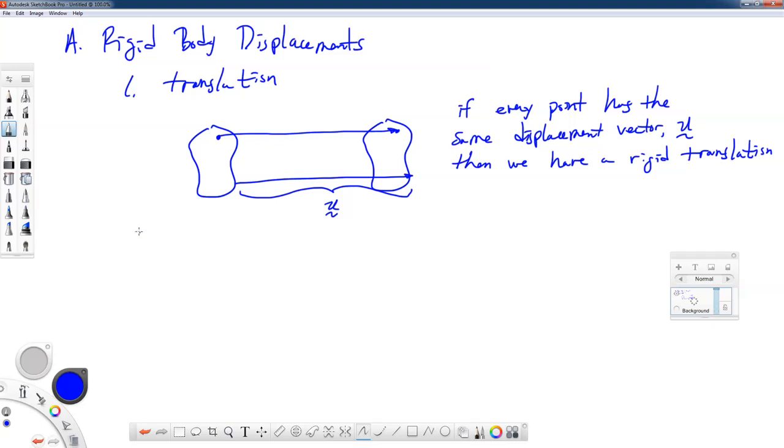And the second type of rigid body motion that we can have is a rotation, a rigid rotation.